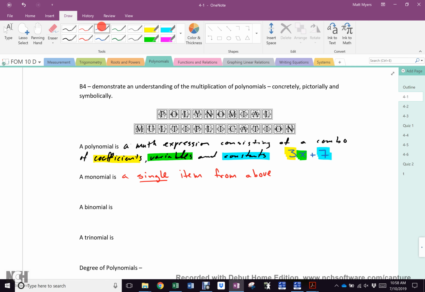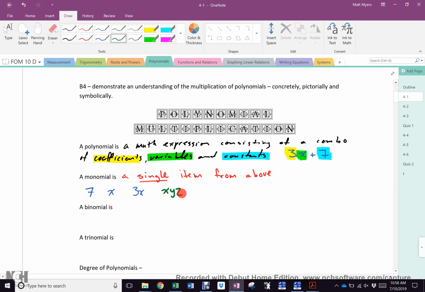So, 7, monomial, single item. X, monomial, single item. 3x, because the 3 is multiplying the x, that's a single item. Everybody cool? Now, where this gets tricky is here.